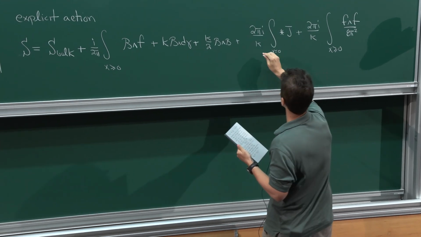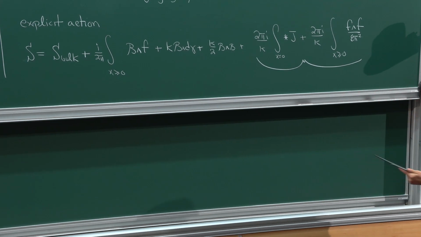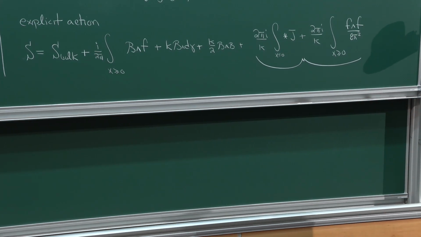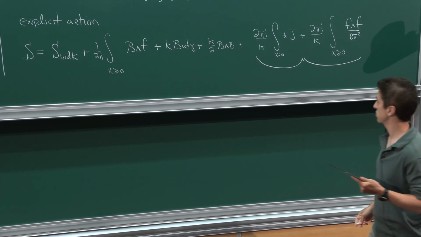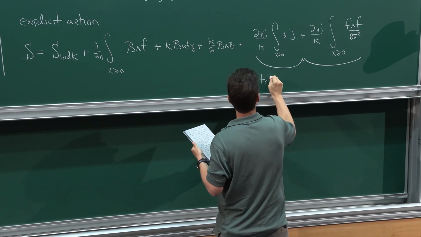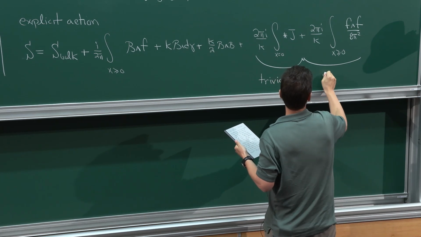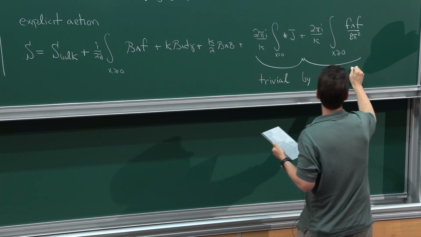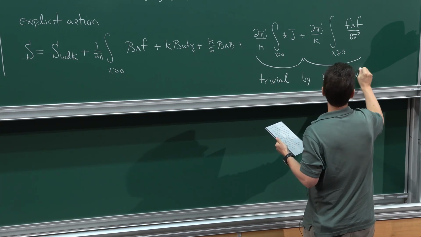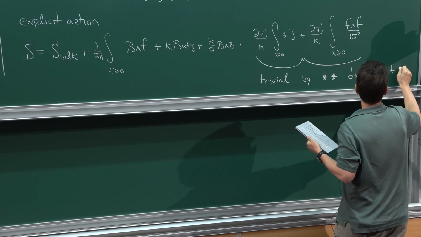Now, can anybody tell me what this combination is equal to? That's just 0, right? This is trivial by my sacred equation, which was d star j is 1 over 8 pi squared f wedge f.